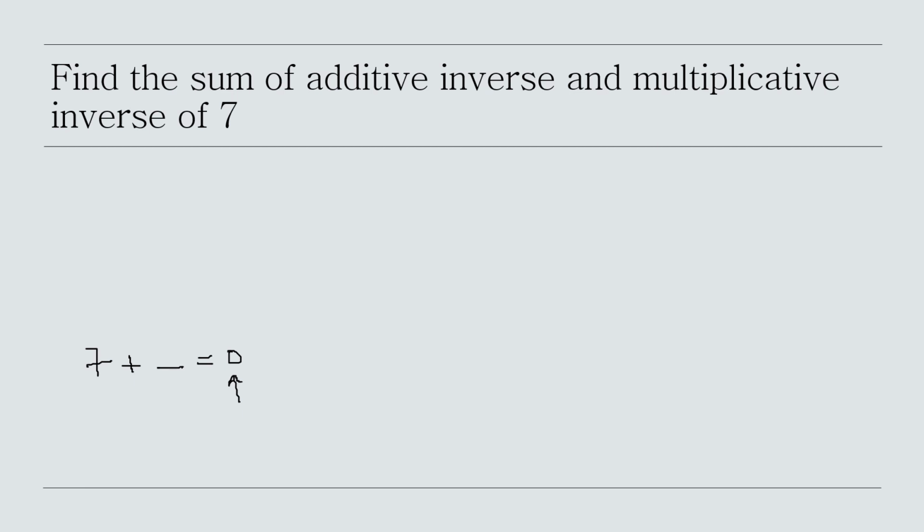But if I have to find the additive inverse, that is the opposite sign. Because you know what can be added to 7 to get 0? The opposite of 7. 7 minus 7 will become 0. Yes or no? If I ask you what has to be added to minus 7 to get 0, it will be plus 7. 7 minus 7, 0. Right or wrong? Right. So the additive inverse of 7 will be minus 7, the opposite sign.